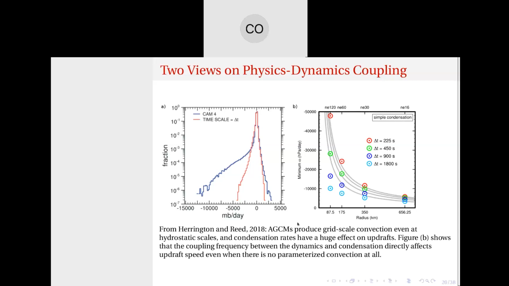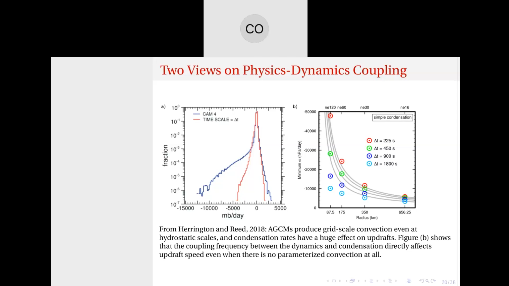Another way of thinking about this, which is not related to the convection parameterizations at all, comes from a study from Harrington and Reed a couple of years ago. They're interested in resolved convection that can occur even in hydrostatic models to some extent. You get these updrafts that still occur, even if they're much weaker in hydrostatic models with coarse grids.